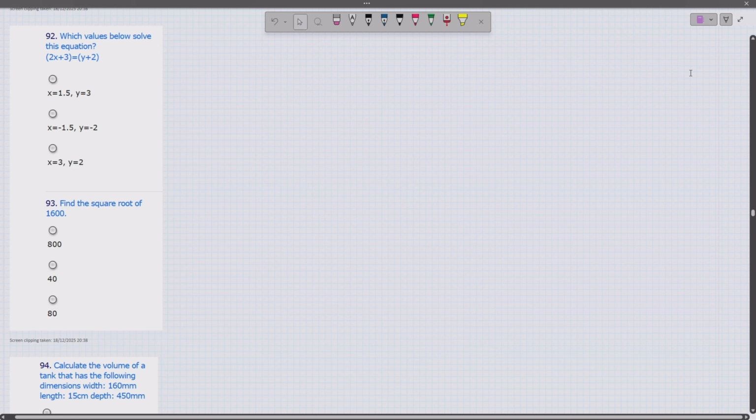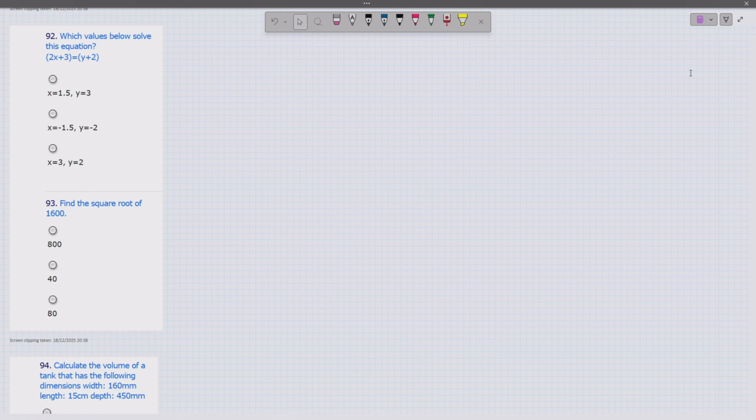Which values below solve this equation? Into bracket 2x plus 3 equals y plus 2. So you can decide to equate each bracket to 0. So you have 2x plus 3 equals 0 and y plus 2 equals 0.